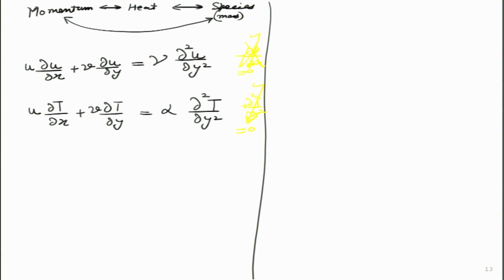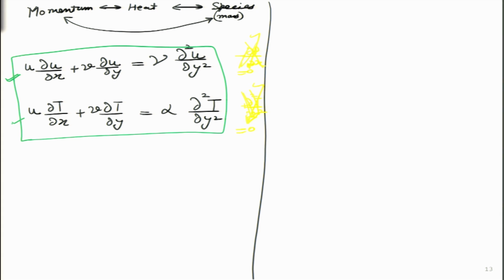So, if some temperature changes maybe 10 degrees in 7 meters, or if some 10 degree change takes place in just 1 centimeter or 2 centimeter, then the gradient in one case is 100 times higher than the gradient in the other case. So, the smaller one we can neglect. So, that is the logic behind neglecting this term. All these yellow terms we are neglecting. We are just focusing on these two equations, one for the momentum, the top one, and one for the heat.